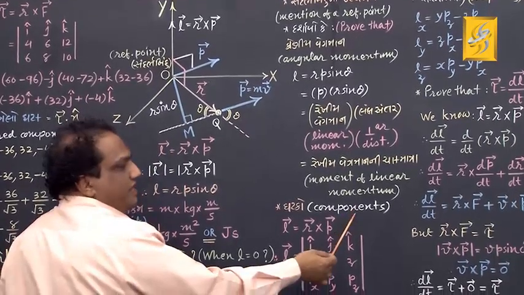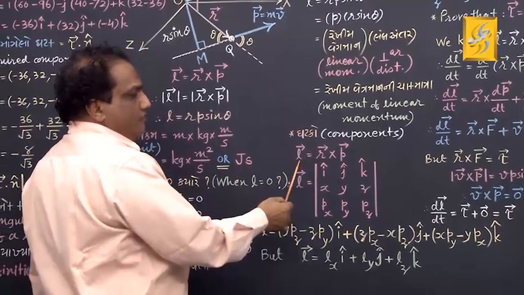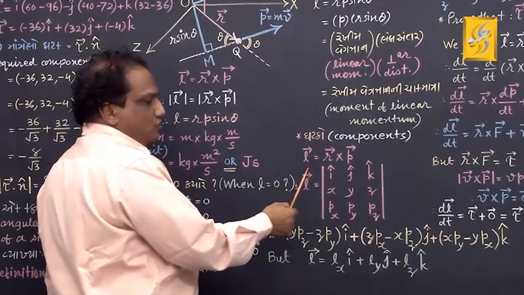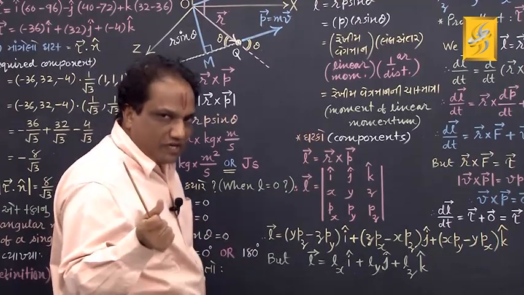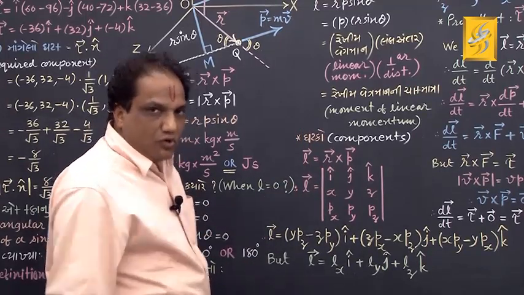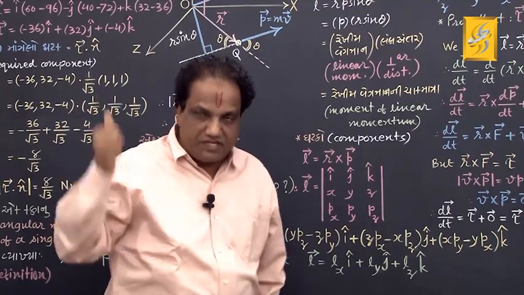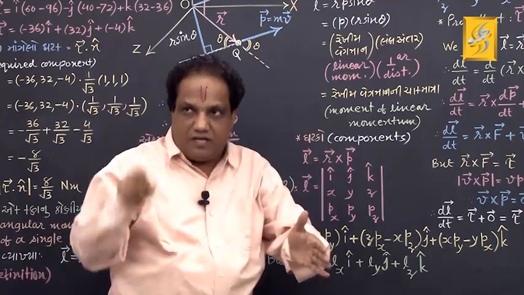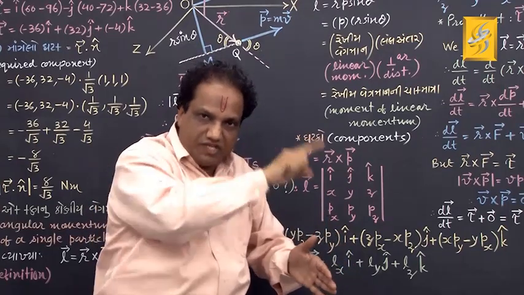Now let's go for finding the components of angular momentum. Very simple. You know from the basic definition, vector L equals vector r cross vector p. Don't you know the vector A cross vector B formula in terms of components? Just now we had seen a 3 by 3 determinant: i hat, j hat, k hat, Ax, Ay, Az, Bx, By, Bz.